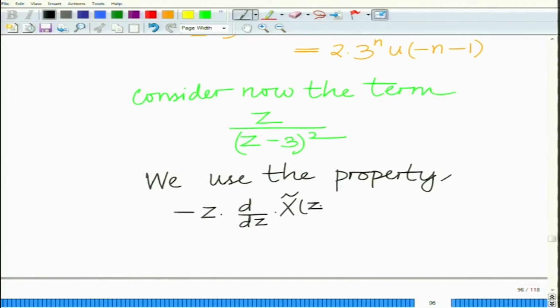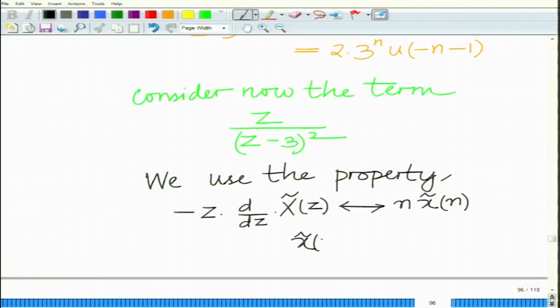That is, if you differentiate the Z transform, that corresponds to the sequence n x tilde[n]. That is, the signal n x tilde[n] has Z transform minus z d over dz, that is the derivative of X tilde(z). X tilde(z), remember, is the Z transform of x tilde[n].